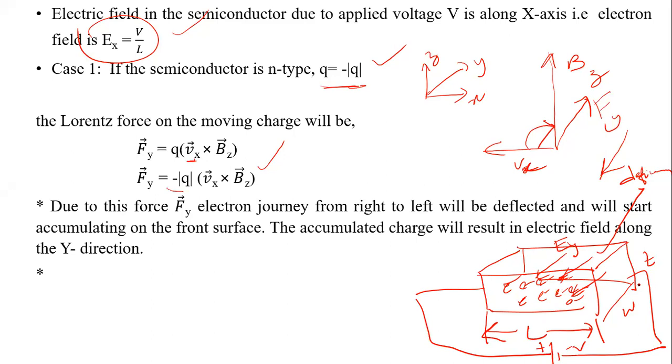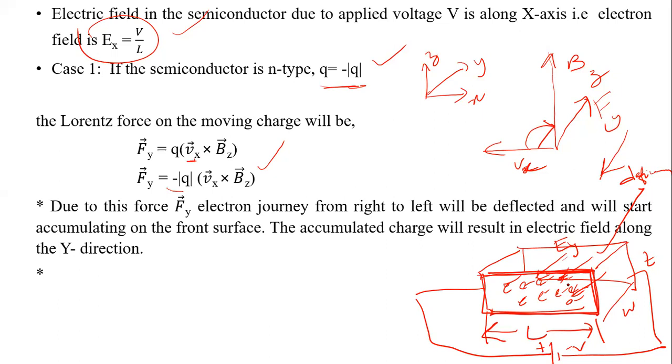In addition to the applied external voltage, once the charge carriers, the electrons, are deposited on the front surface of this semiconductor, it will result in the formation of an electric field or potential difference across the semiconductor, from the back to the front.